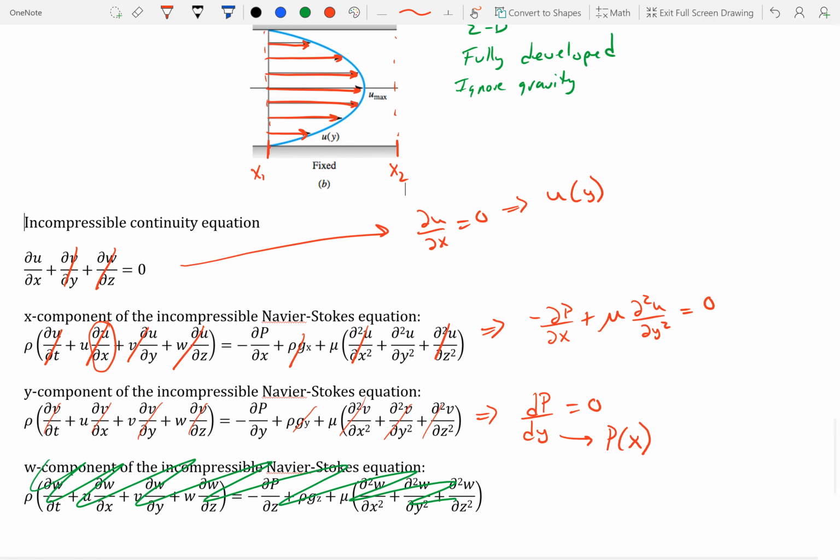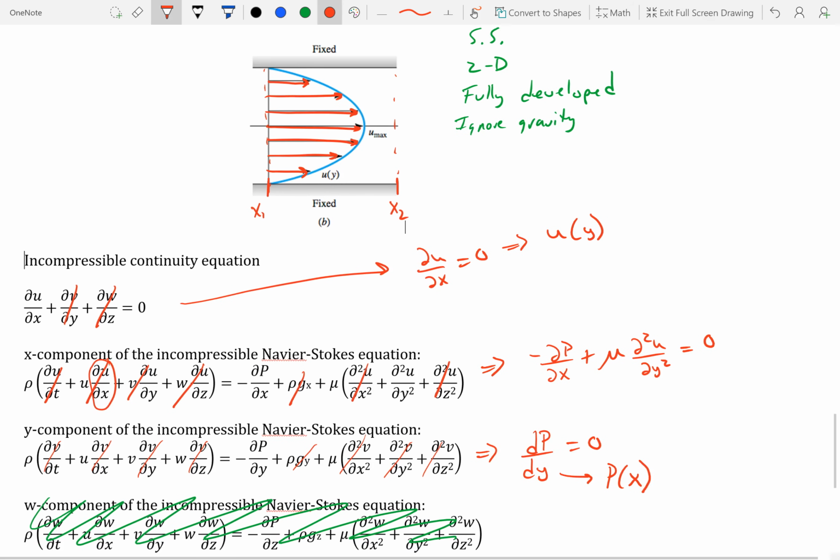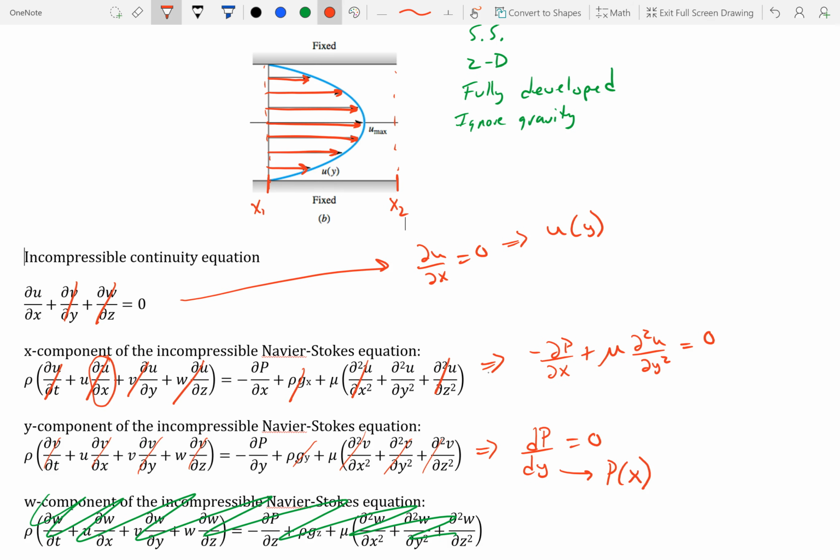So let's recap. Continuity equation. We know that there's no velocity in the y direction, so that term's garbage, and we know it's only 2D, so that's garbage. So du dx is 0, indicating that u doesn't change in the x direction. At this x position and this x position, we're going to have the same velocity profile along the y direction.